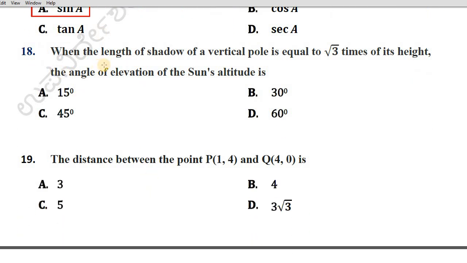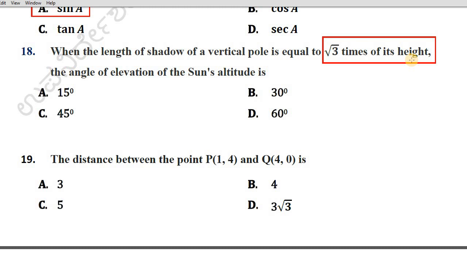Question number 18. When the length of shadow of a vertical pole is equal to root 3 times its height. See how nicely they said it here. When the length of shadow of vertical pole is root 3 times of its height. So first what you want to do? Draw a right angle triangle. Height you don't know. Height you take it as x.